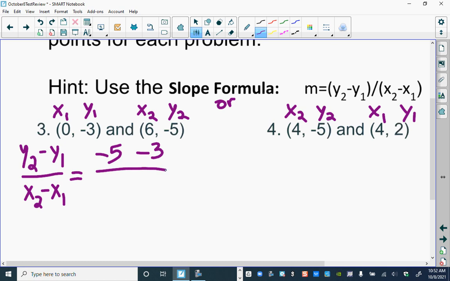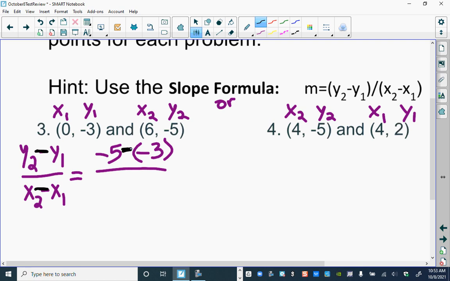Parentheses. That's better, especially for the -3. Because between y2 and y1, one sign is always between those two values, no matter what they are. Minus. You have to have that minus sign. That's super important, that minus sign.